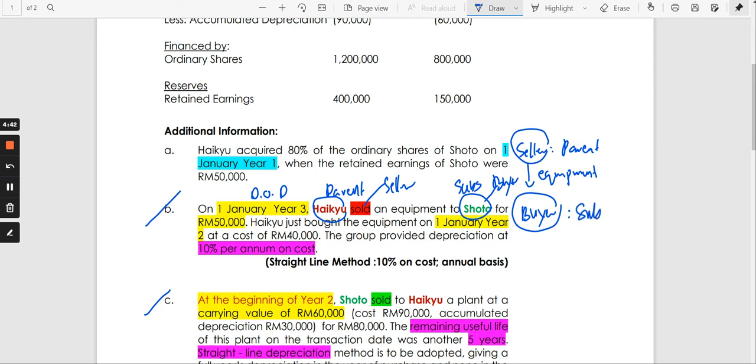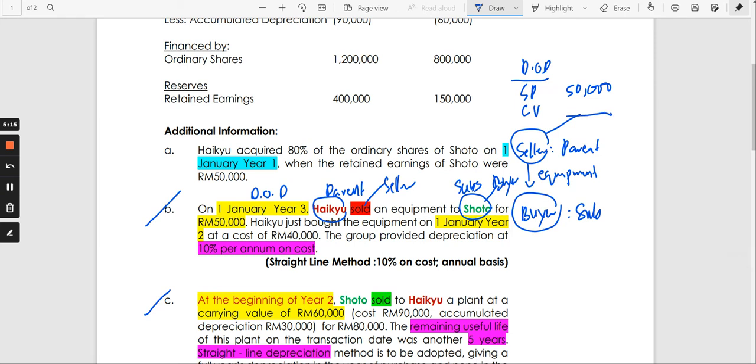So the parent company in its retained profits would have charged some profit from the sale. If you can see here, this equipment that was sold off to the subsidiary, the selling price was 50,000. And you can see the information given there on the date of disposal. The equipment was bought on 1st of January at a cost of 40,000, and you need to find out what is the carrying value on the date of disposal.